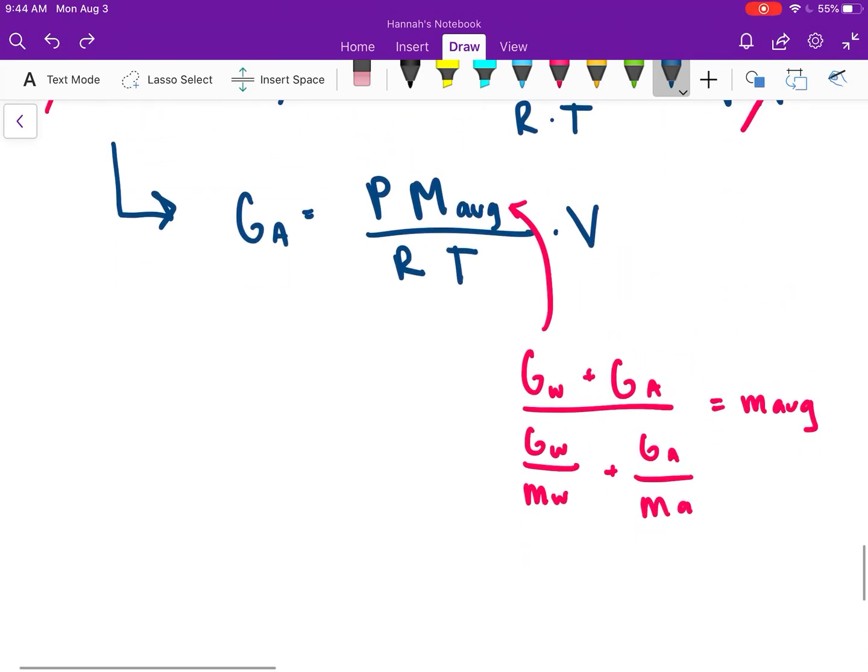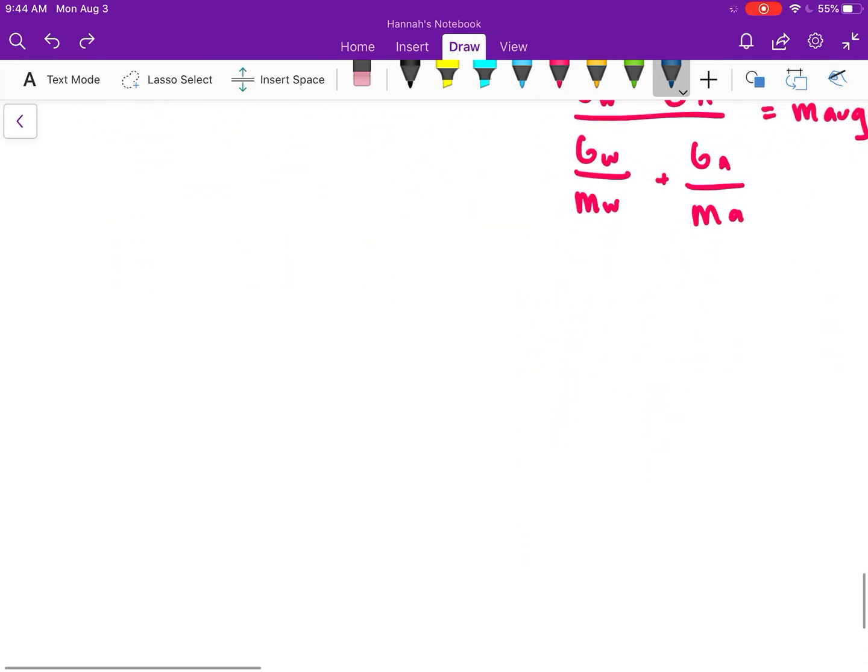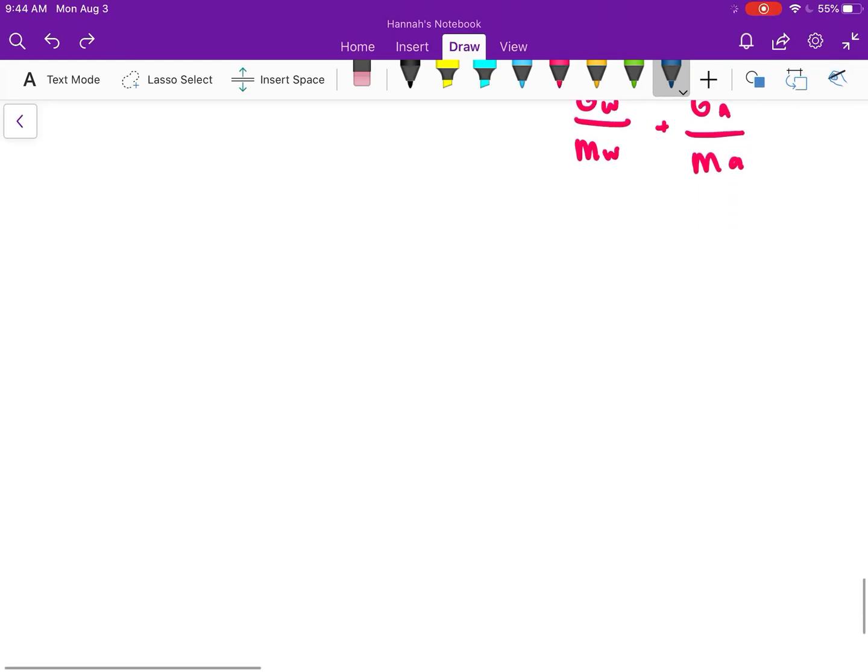So then moving forward, we need to address the mole fraction. So the total number of moles of water flowing is going to be equal to the mole fraction times the total moles. And the total moles is the flow rate over the average molecular weight.